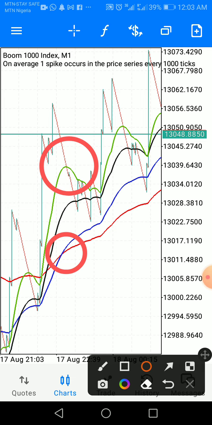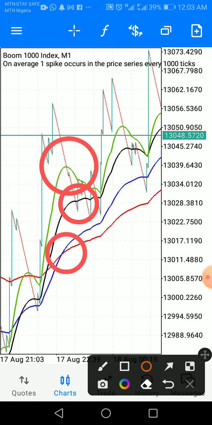If the spike occurs before the price gets to the second moving average, which is the black moving average, you understand? If the spike occurs before then, you exit the market, because you're only going to be taking one spike.